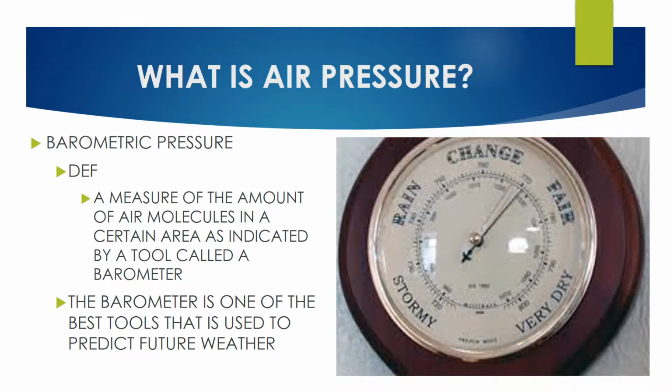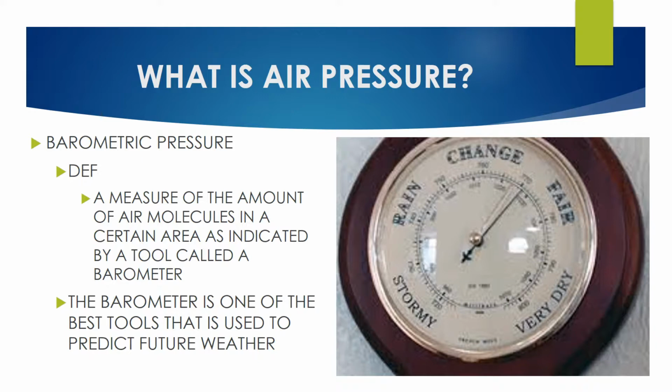The more air there is, the less water there is, because there's no room for the water to be there. That's why on higher pressure days, which is more air molecules, you have nicer days, nicer weather. If the pressure is rising, it means it's getting nicer. And then if you have low pressure, less air molecules, that gives room for more water molecules to form, more water vapor to fill up our atmosphere.